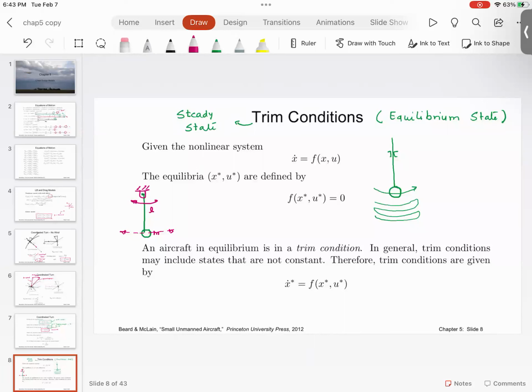Everyone understood this? And that is going to be the key assumption when we talk about the behavior of an aircraft. So what I want to tell you is there is a stability about equilibrium state, and there is stability about the steady state or a periodic solution.